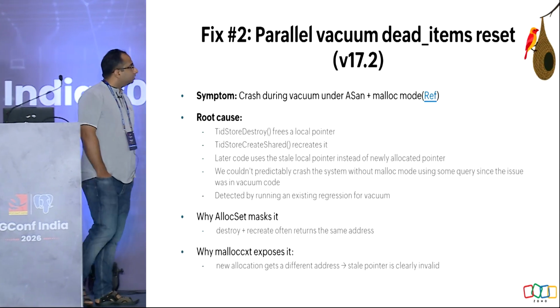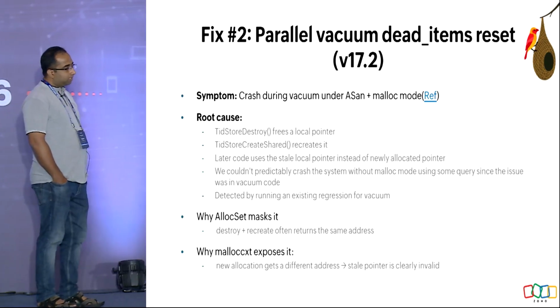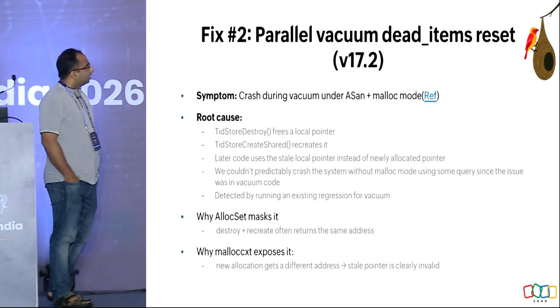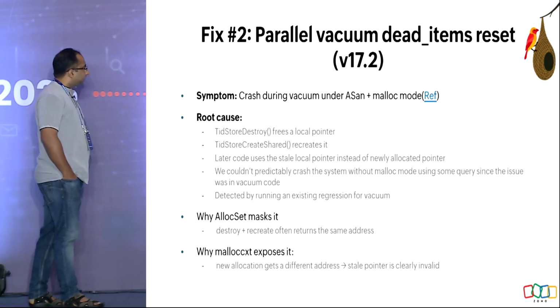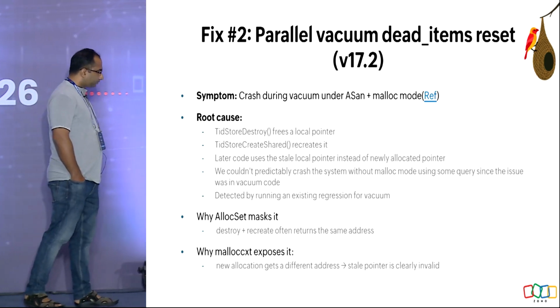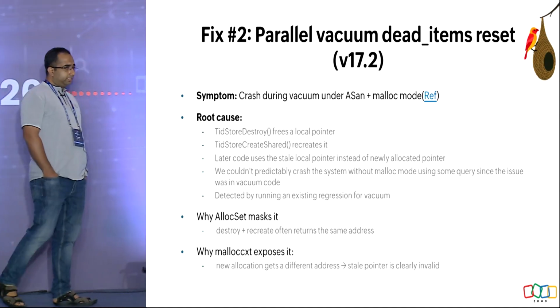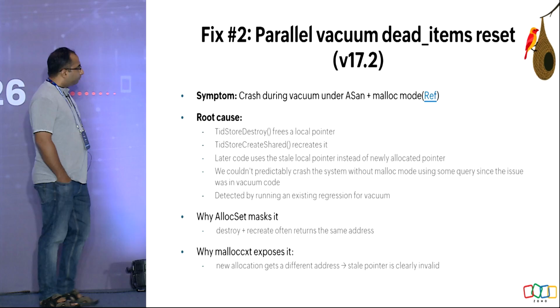So the next two issues happened in parallel vacuum. One happened in the parallel vacuum worker and the other in the leader. This is the one that happened in the worker. Here you were destroying the TID store and recreating it, but the subsequent code used the stale pointer.